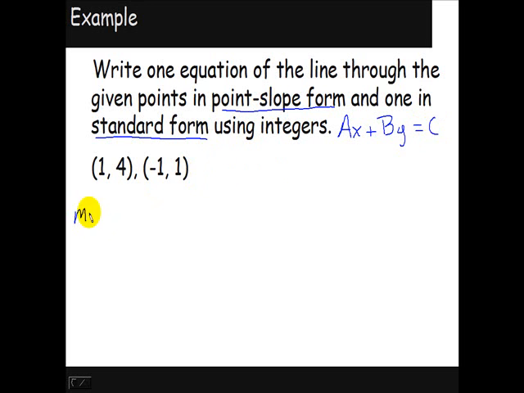Our slope, we need that first, is equal to 1 minus 4 over negative 1 minus 1. What's that give me? Negative 3 over negative 2, which is 3/2.